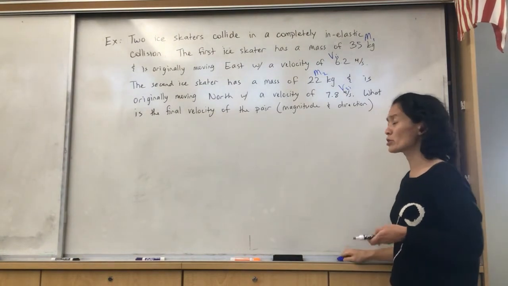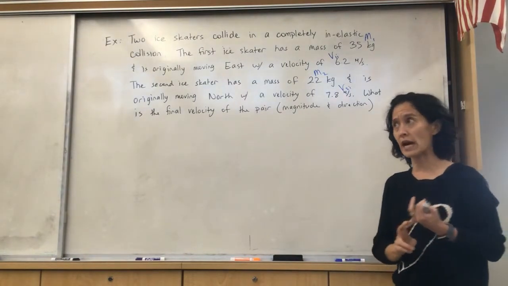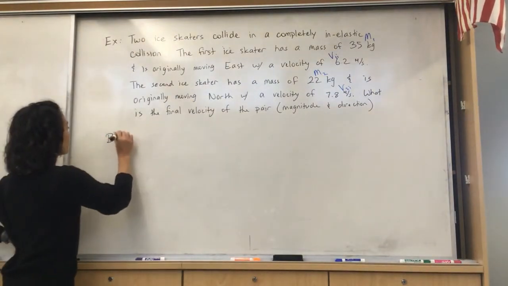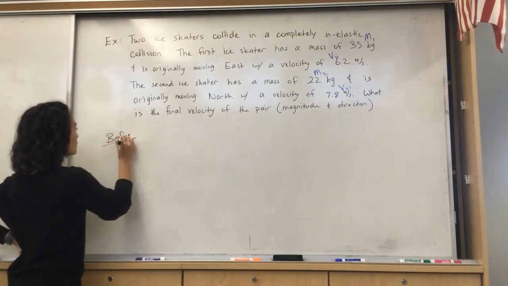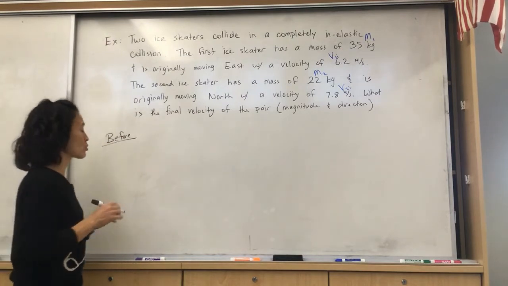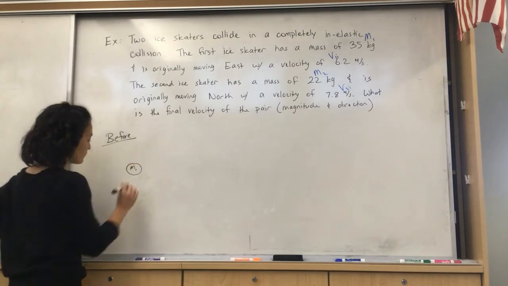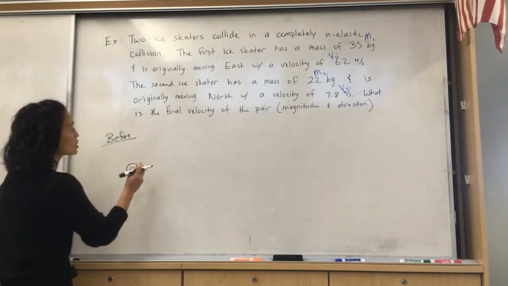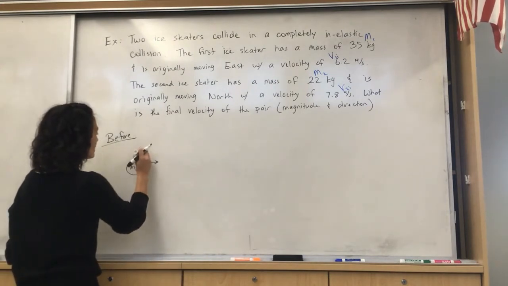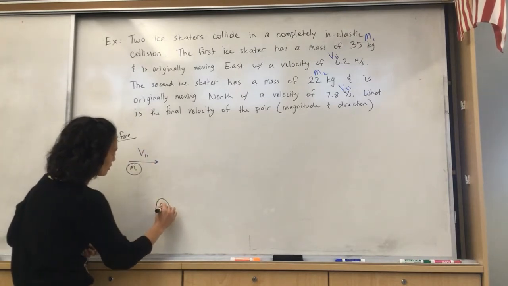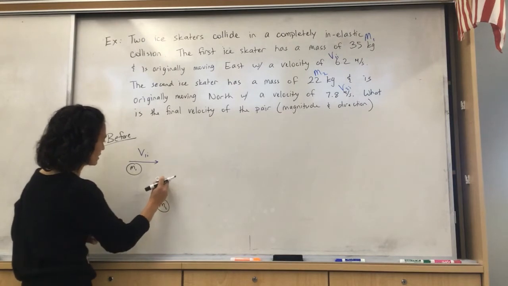So again, we're going to do our steps. We're going to draw this out, and we're going to think about the vector nature of this. So in my before picture, I'm not super good at drawing people, let alone people ice skating, so I'm going to reduce them down to a dot. So here is my mass 1, and it has this initial velocity in this direction. And then here is my mass 2, and it has an initial velocity in this direction.